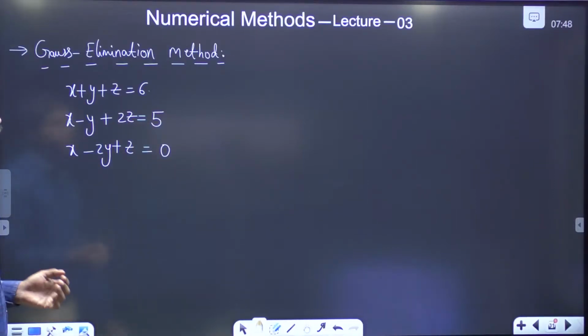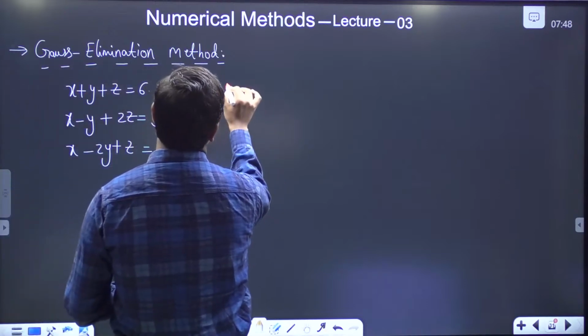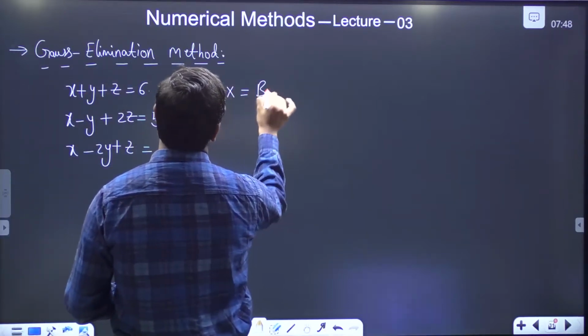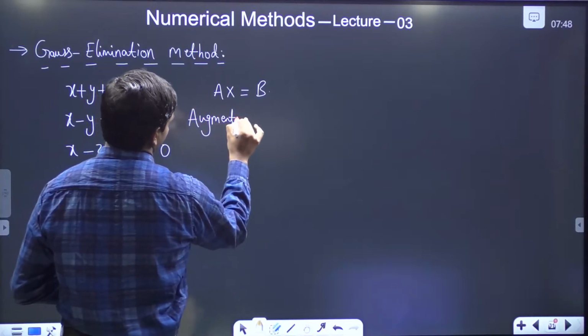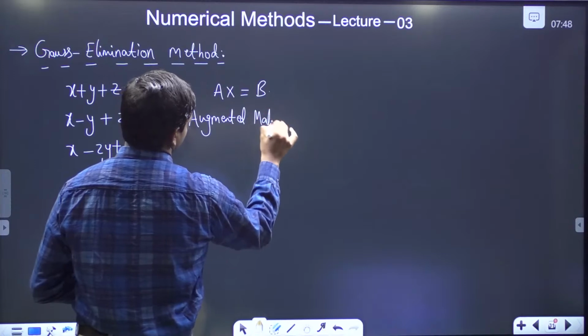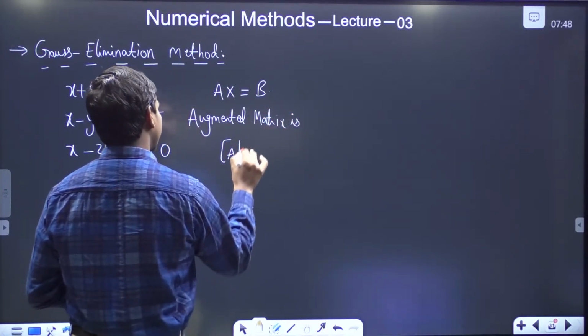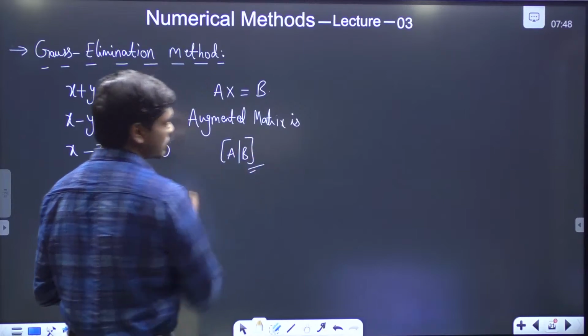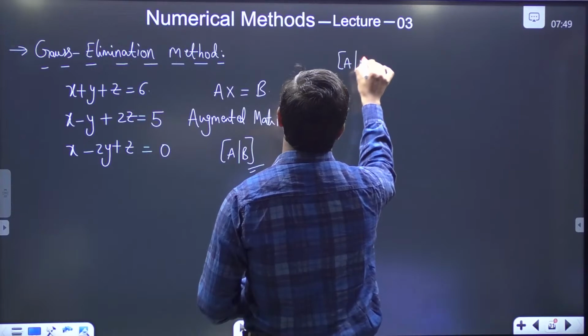We'll see how the Gauss elimination method works. Now we'll form the augmented matrix. If the system is AX equals B, the augmented matrix is A augmented with B, and let us write this matrix.